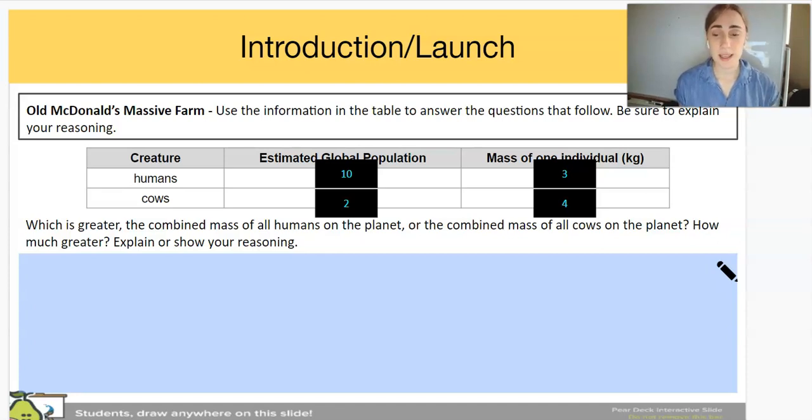So if we were still answering this same question, which is greater, the combined mass of all humans on the planet, or the combined mass of all cows on the planet, how much greater? How would you solve this problem using these numbers? And you can do this thinking in a Jamboard to the side. You can annotate with your Pear Deck or on a piece of paper at home.